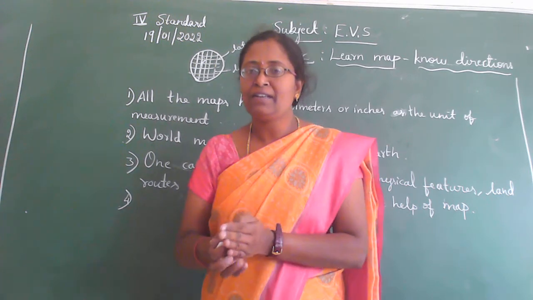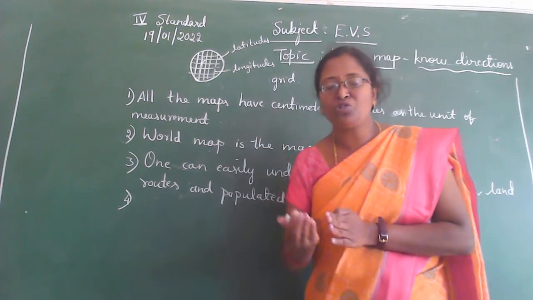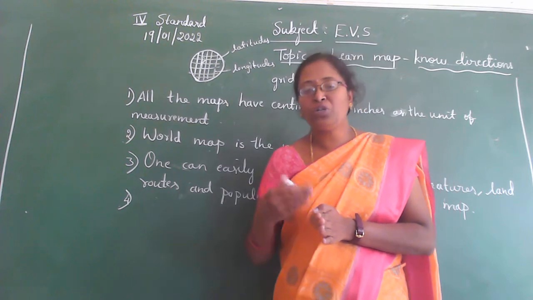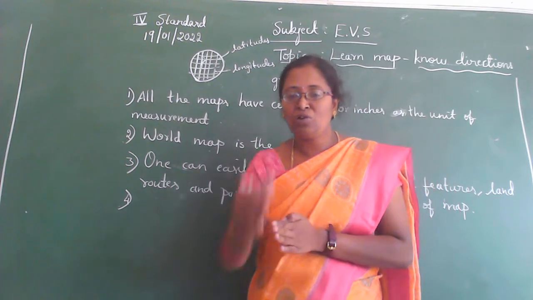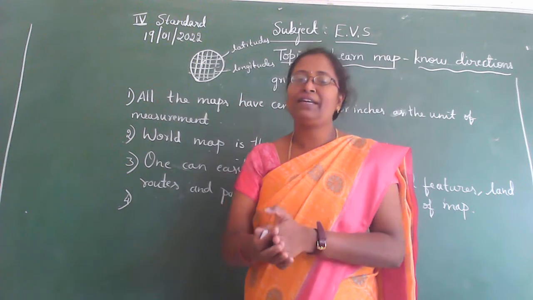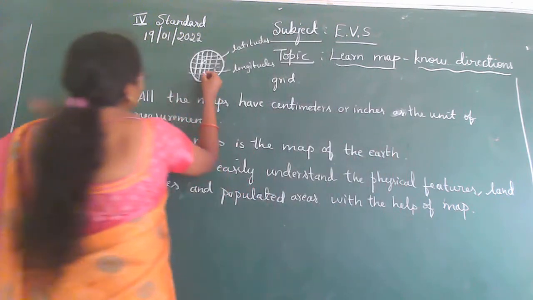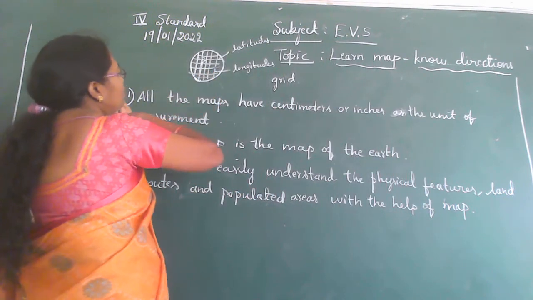So these imaginary lines are used to identify the location of a particular thing, a particular place on the map. For example, suppose Mysore is here.